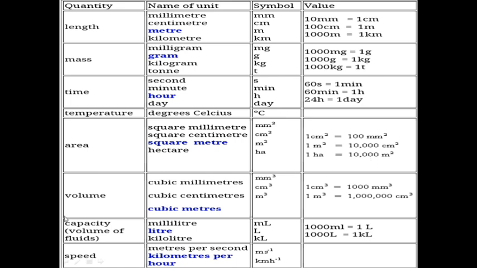Then the next quantity is volume, and the units of volume are three, that is cubic millimeter, cubic centimeter and cubic meter. The symbol for cubic millimeter is mm cube. This is the power of it and it is given 3, so it is read as millimeter cube.